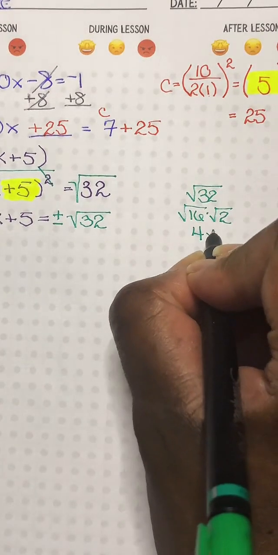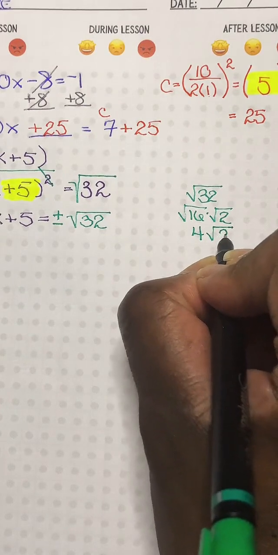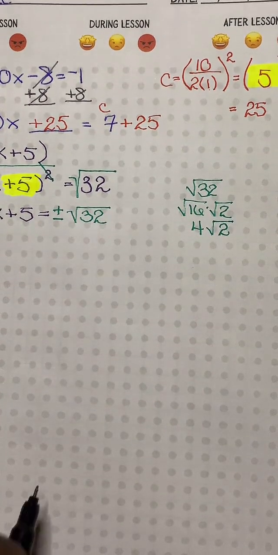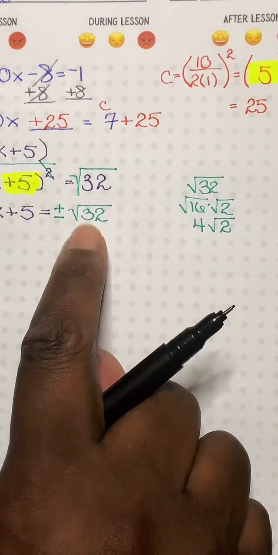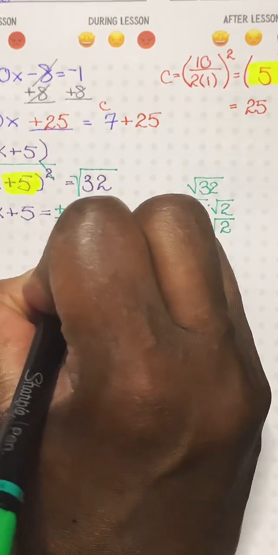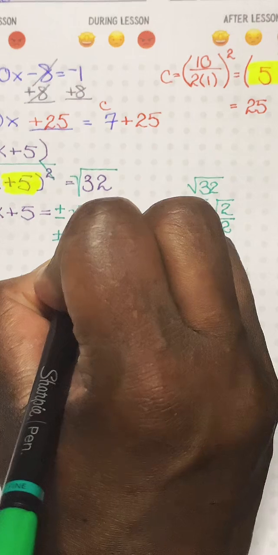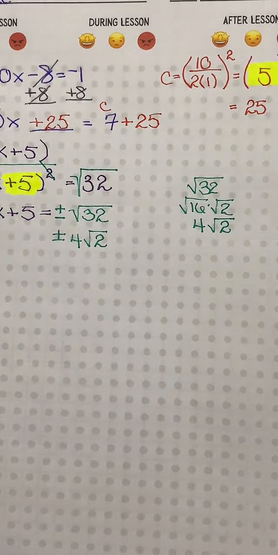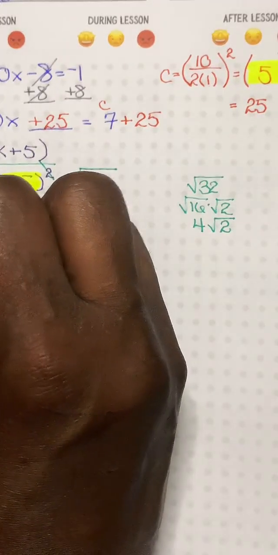But that square root of 2, that's prime, so I can't break it down, so I bring it down. So I can replace the square root of 32 with plus minus 4 square root of 2. And I'm going to bring the rest down.